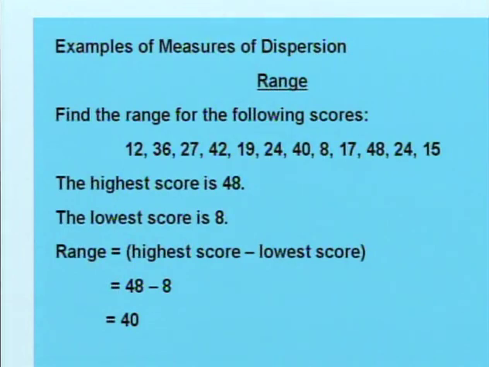The highest score is 48. And we also notice that the lowest score is 8. The range is defined as the highest score minus the lowest score. So the range is 48, which is the highest score, minus 8, which is the lowest score, which will give us a range of 40.